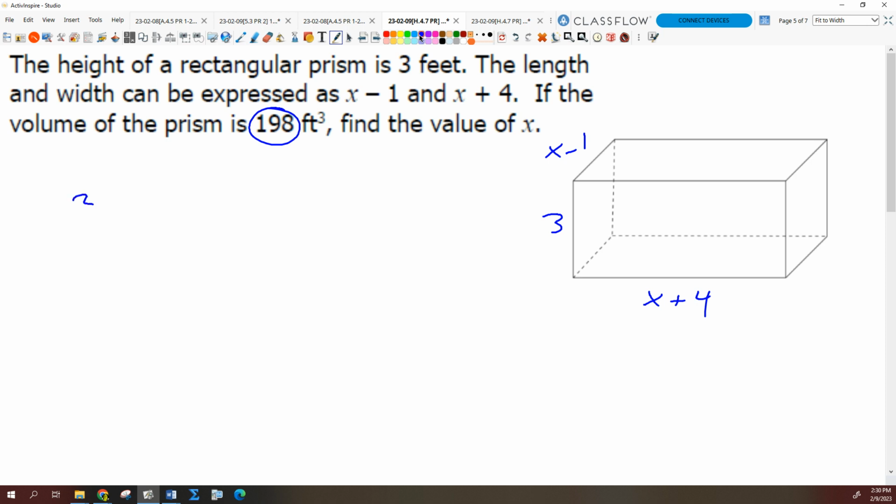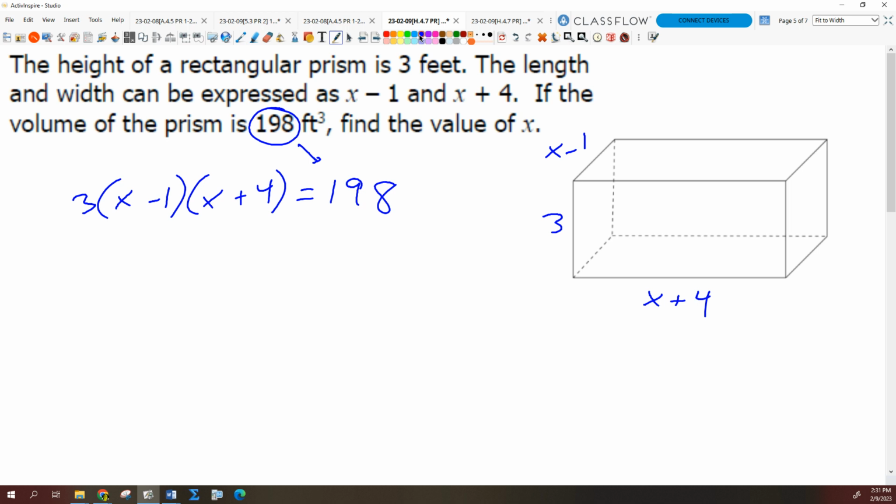So 3 times x minus 1 times x plus 4 equals 198. And so we could just expand that out and create a quadratic equation to solve then. Everybody see that? Okay. Do we want to keep going with that one? We good with that, just seeing how to set it up? Okay.